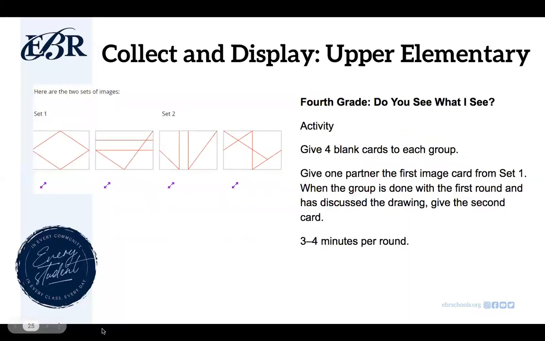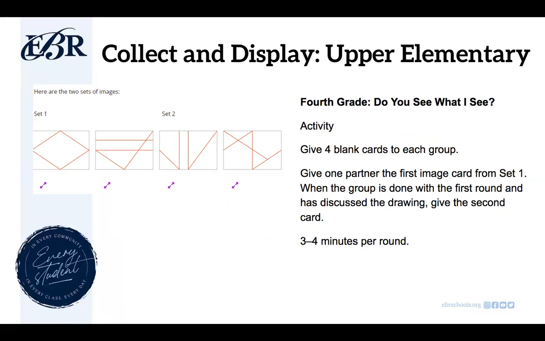When we move to an upper elementary example, this is one from 4th grade. And as you can see, this is one where students are doing some things in the geometry domain. And so basically for this activity, students are doing Do You See What I See? And it's a similar type activity.